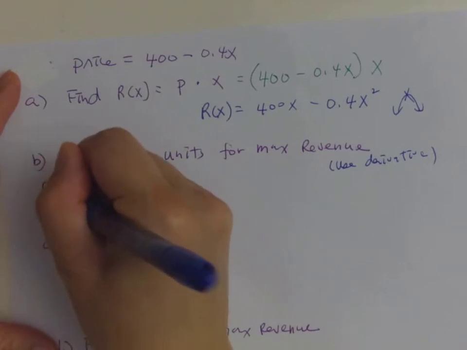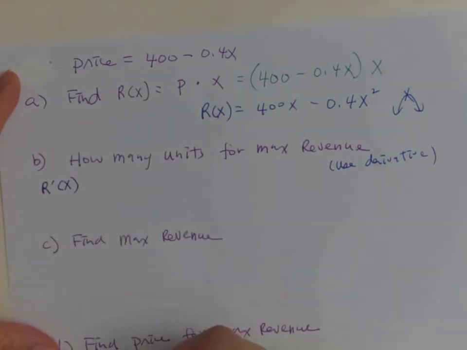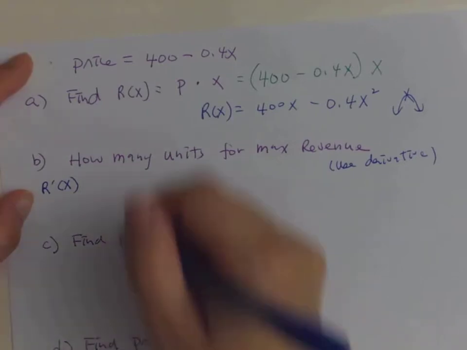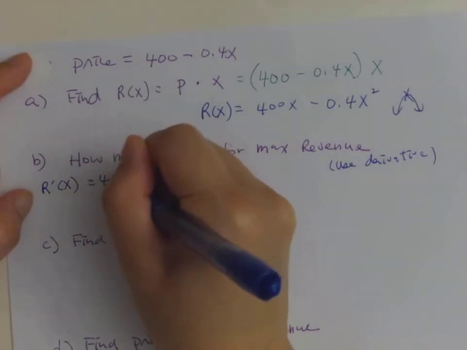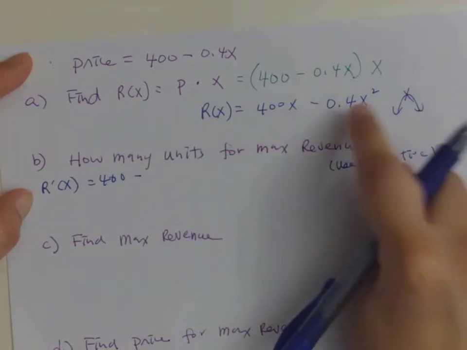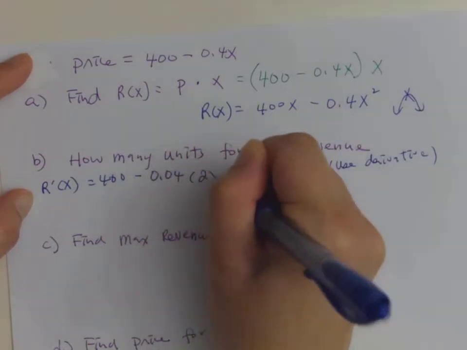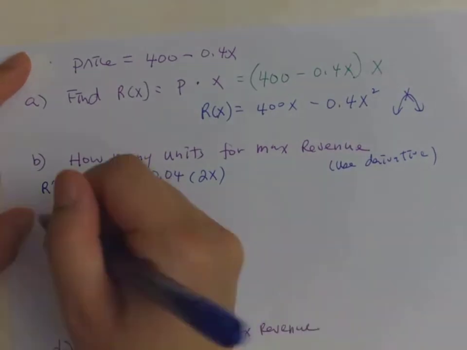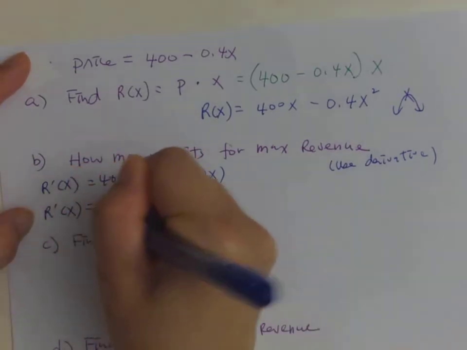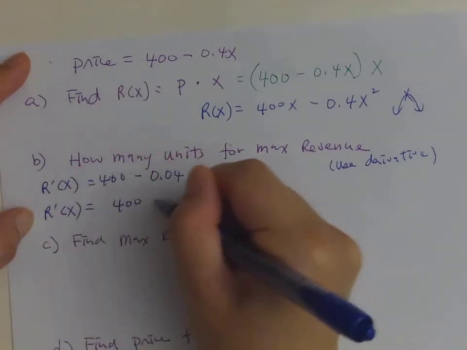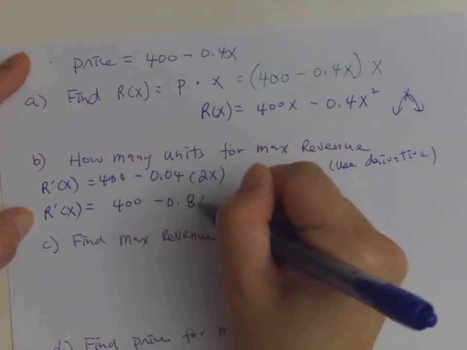So you will need the first derivative to get the critical value. R prime of x would be 400 minus 0.4 times 2x, right? I'm taking the derivative.